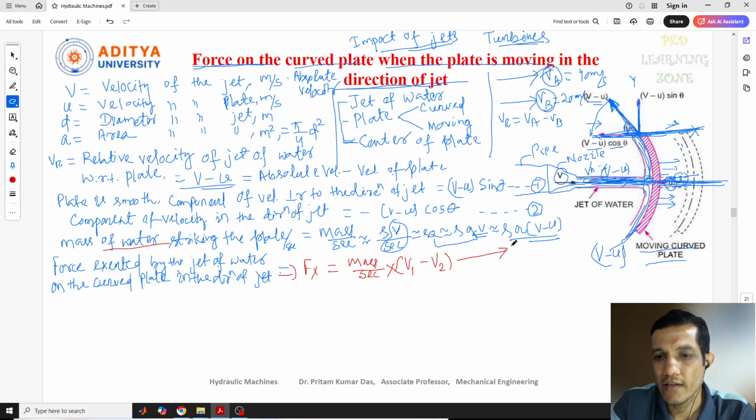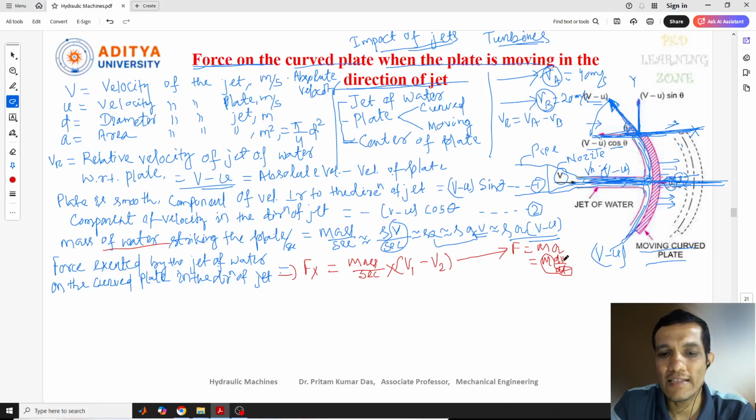As per Newton's second law of motion, the force exerted equals mass into acceleration. Acceleration is defined as the change in velocity with respect to time, so this is dv by dt. This mass by time is the mass per second, and dv is nothing but the change in velocity.